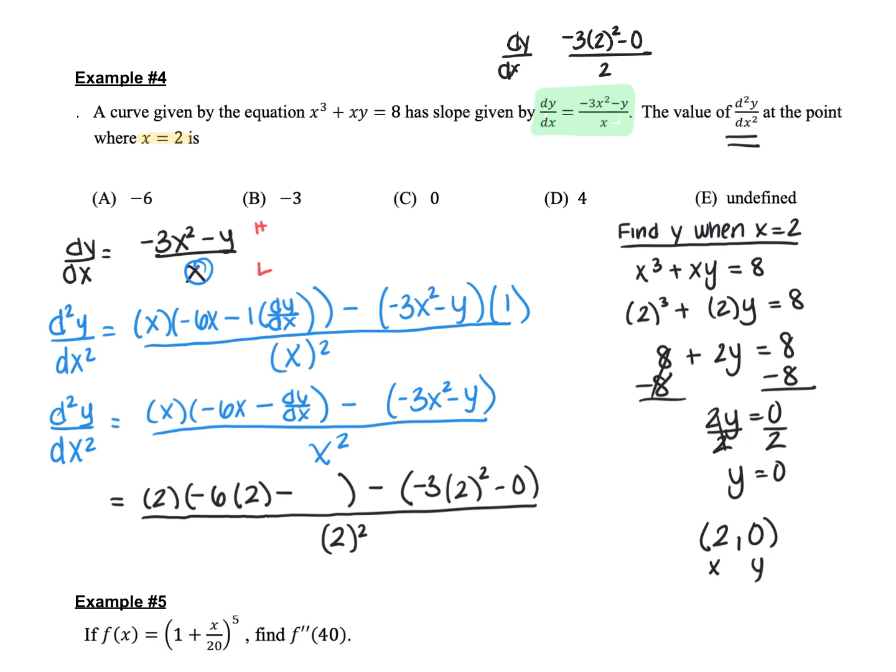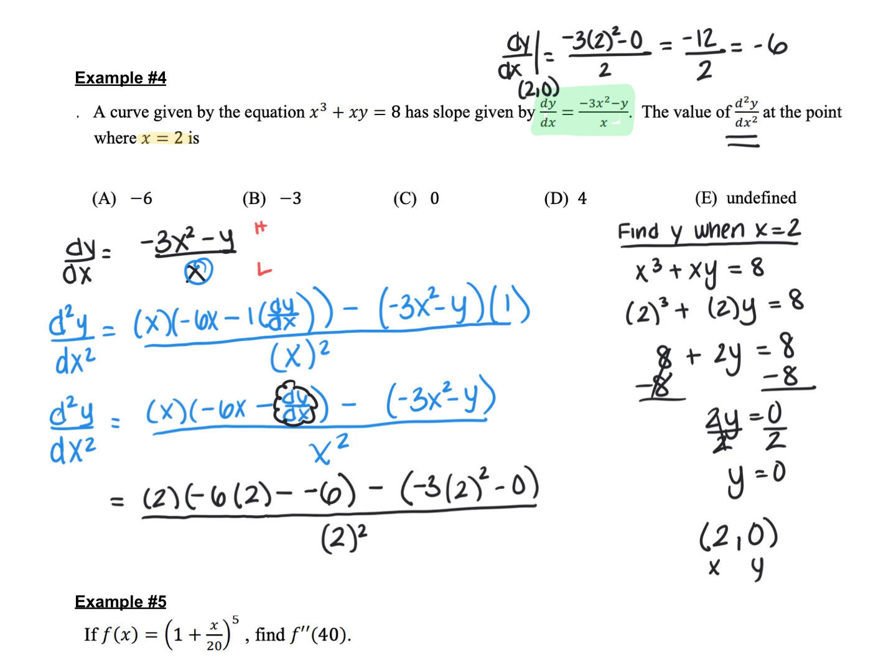So I'm evaluating dy dx at the point 2, 0. So 2 times 2 is 4, times negative 3 is negative 12, minus 0 is negative 12, over 2 is negative 6. So this dy dx, we're evaluating at that same spot, is negative 6.